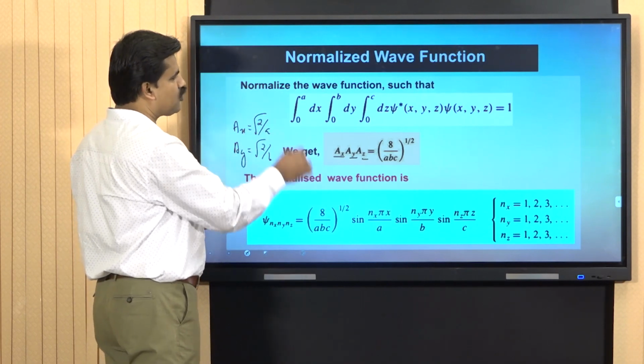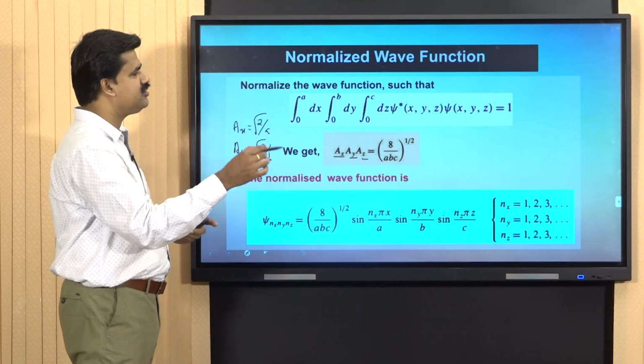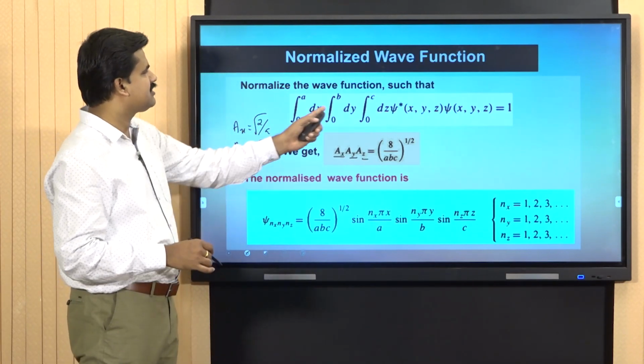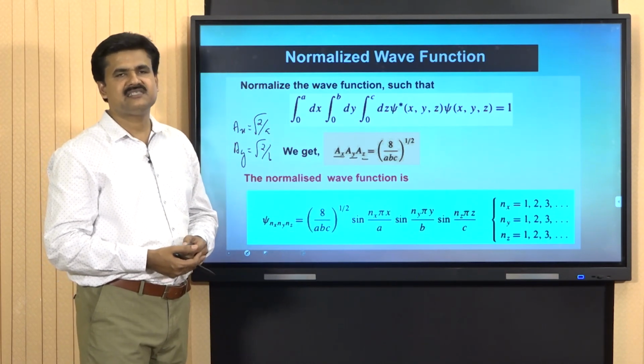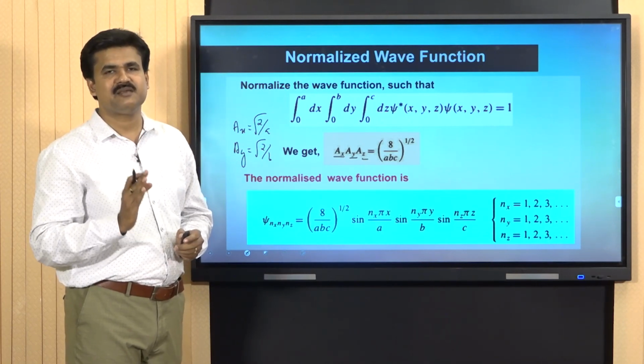So if you take the product of Ax, Ay and Az, we will get 8 by a into b into c under root, that is root of 8 by abc. Therefore, this is the complete normalized wave function for a particle in a 3D box problem.